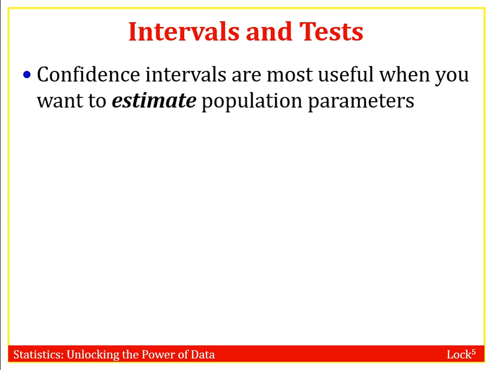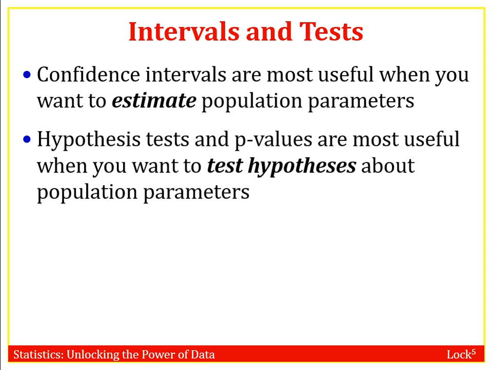So confidence intervals are really useful when you're looking for a range of values to estimate your population, or an estimate of your population. Well, hypothesis tests and your p-values are useful if you're trying to just make a test and say, yes, this is significantly different, or no, it's not statistically significant.